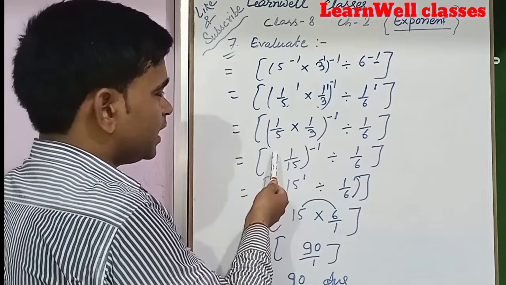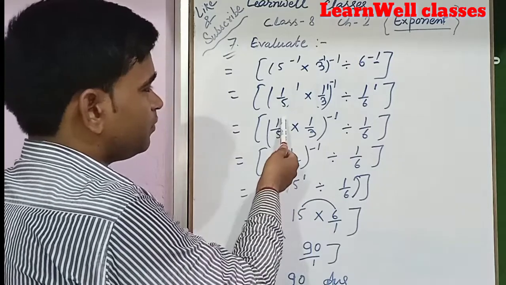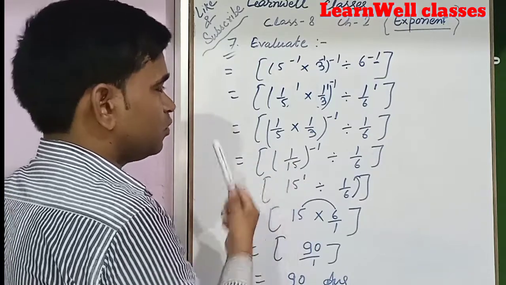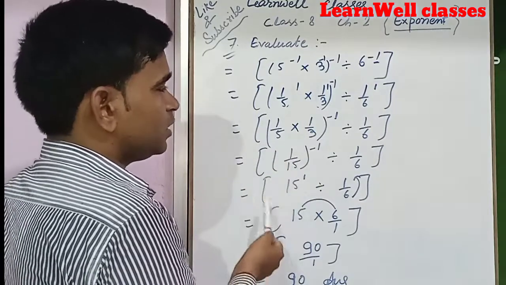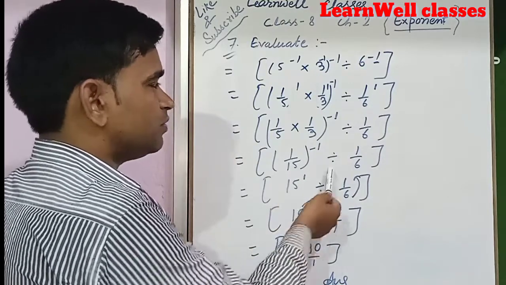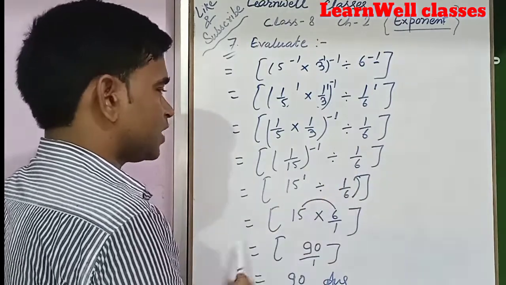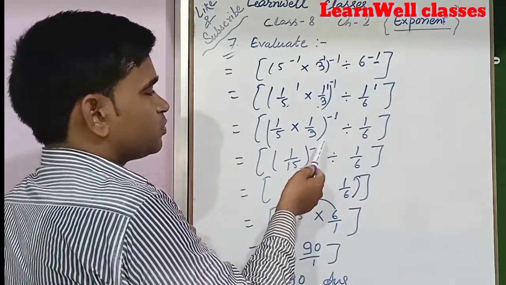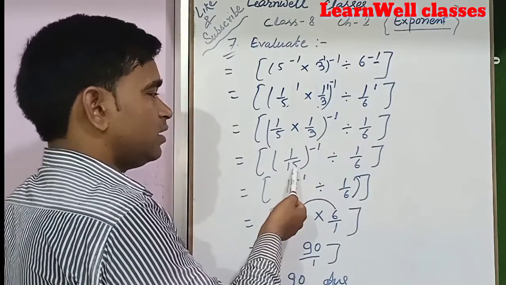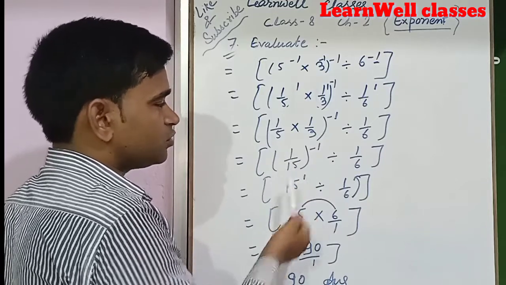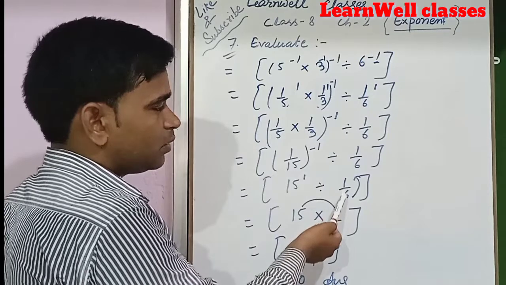Next, 1 into 1 is 1, 5 into 3 is 15, raised to the power minus 1, divided by 1 upon 6. When the exponent is in minus form, the fraction will be reversed, so 15 raised to the power 1, divided by 1 upon 6.